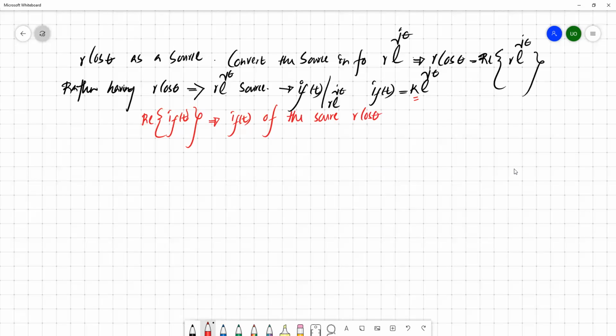This is the easiest way to get the forced response, by converting your sinusoidal excitation to a complex exponential function.